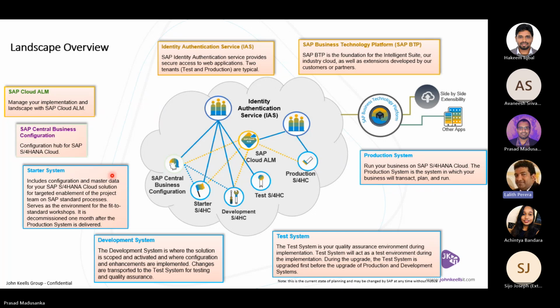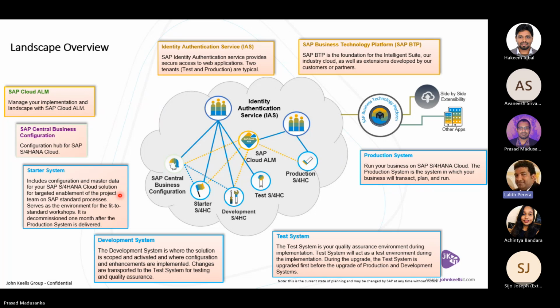The IT contractor can create the user ID using the IA system. Then the IA system works together with the other systems. Then you can see the CBC system, which is the consulting configuration side. It can create the implementation project.